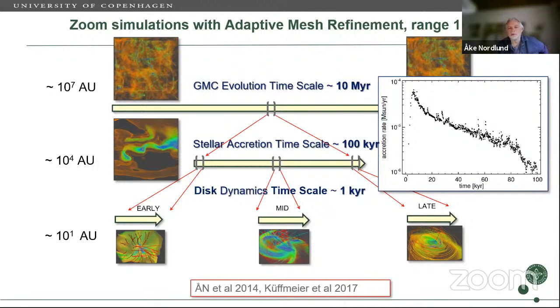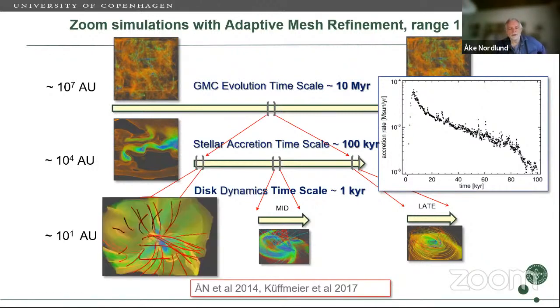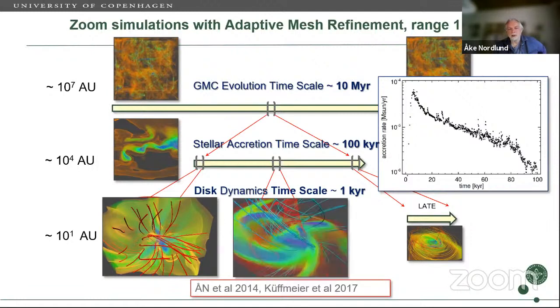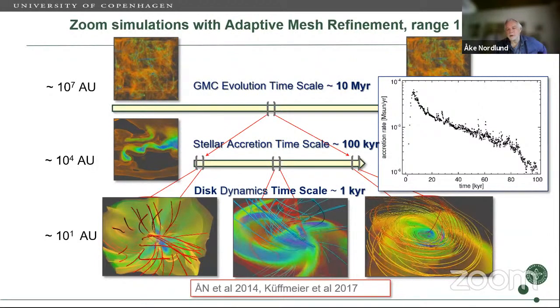It starts out somewhere between 10⁻⁵ and 10⁻⁴ solar masses per year, and drops down rather quickly, within 100,000 years, to something more like 10⁻⁶ or so. So now you can decide, I want to study the first 1,000 years. You find perhaps some hourglass geometry. You can study another time frame of 1,000 years, where you find perhaps jet formation, and you can form a late context with perhaps azimuthal magnetic field dominating. So that's the idea of zoom simulations.